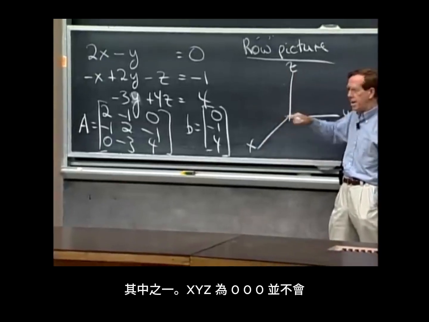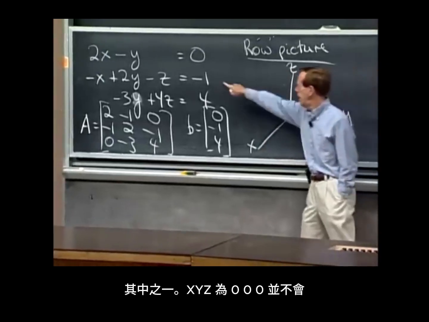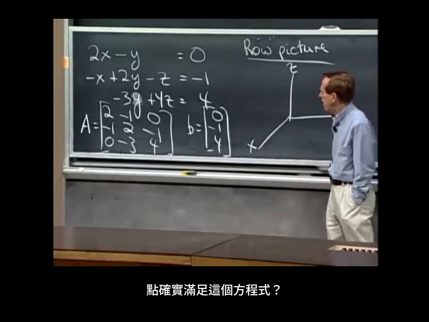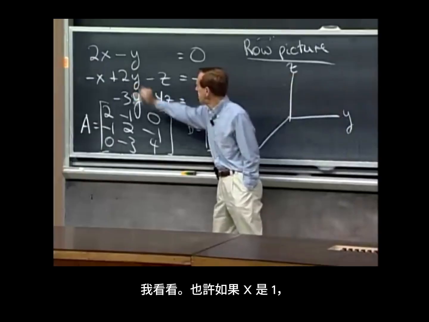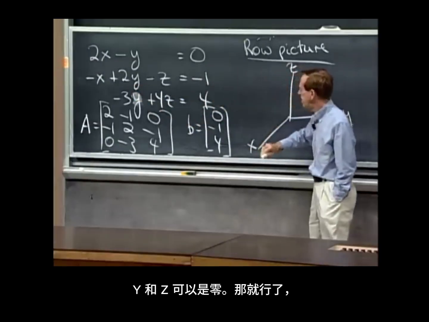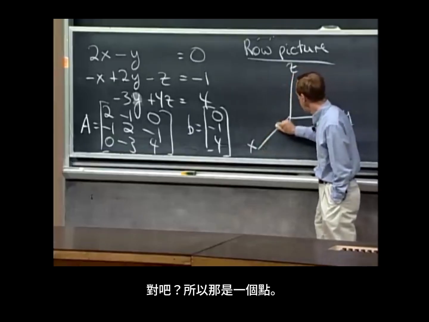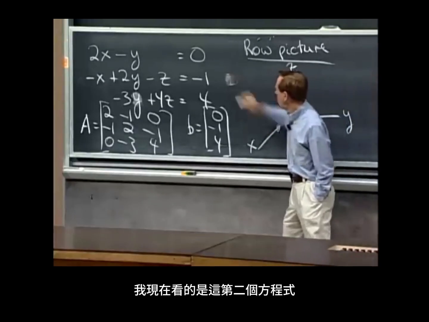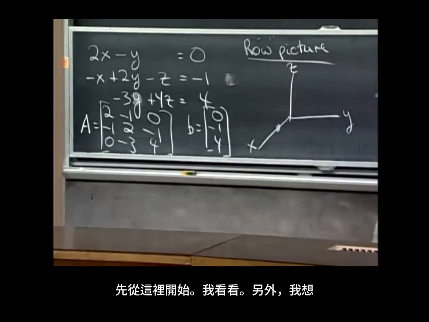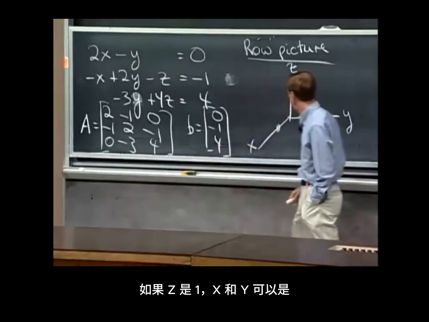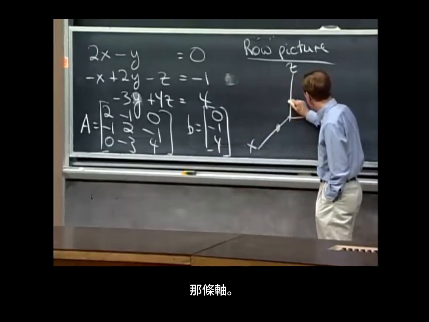X, y, z being 0, 0, 0 would not solve that equation. So what are some points that do solve the equation? Let's see, maybe if x is 1, y and z could be 0. That would work, right? So there's one point. I'm looking at this second equation here just to start with. Also, if z could be 1, x and y could be 0, so that would just go straight up that axis.